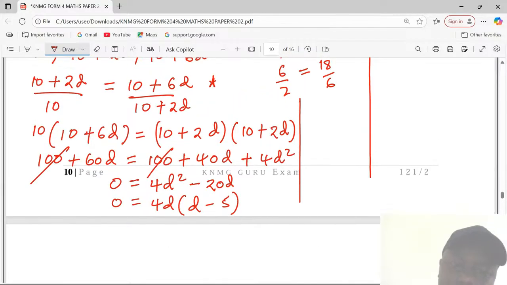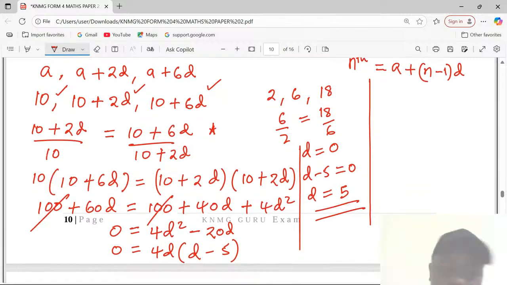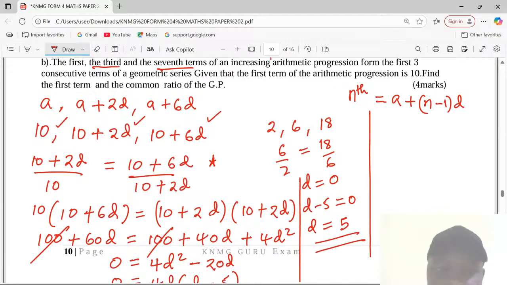So 4d equals to 0, so d equals to 0, or d minus 5 equals to 0. So d becomes 5. So the common difference is 5, because we cannot have a common difference of 0. We choose 5. If 5 is the common difference, then the three terms are 10, the other one is 10 plus 2d, so it becomes a 20, right?